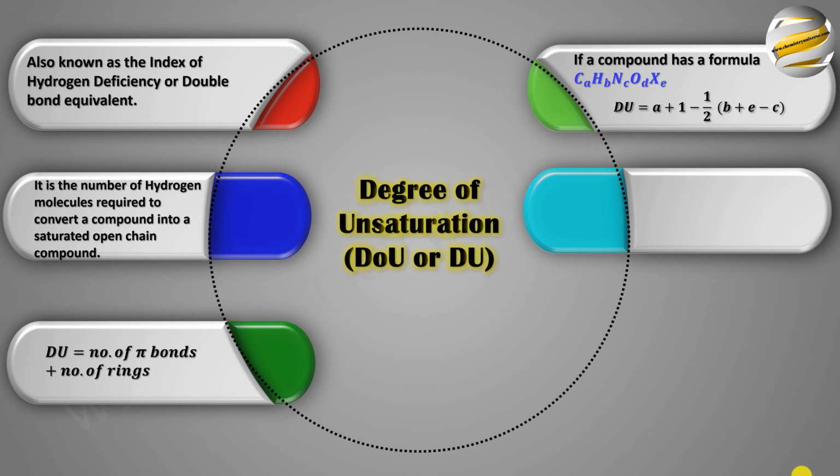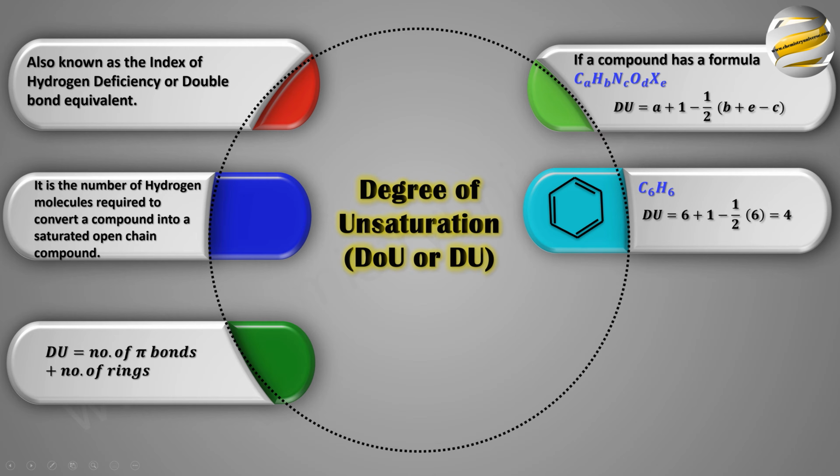Let's use this to calculate the DU of benzene. Remember I told you, C6H6. Now use this formula: a plus 1, where a is 6 here, minus half of hydrogen, half of 6. Doesn't this come out to be 4? Now look at the number of pi bonds in benzene plus the number of rings.